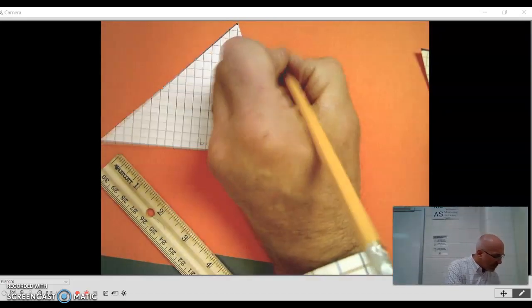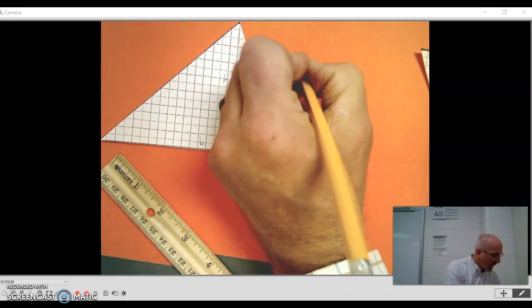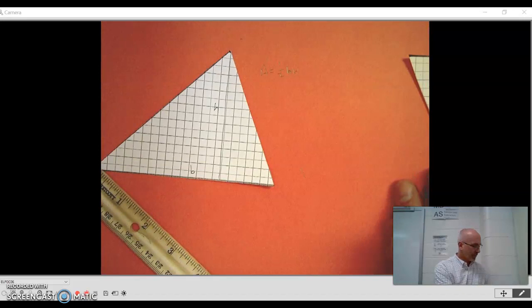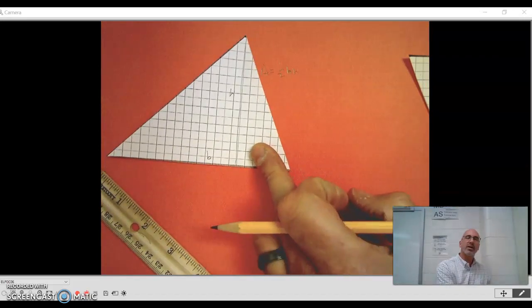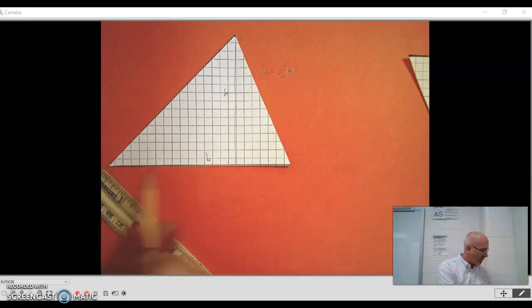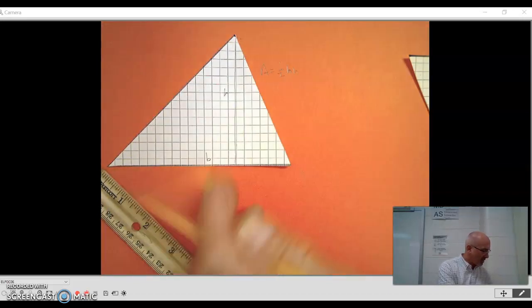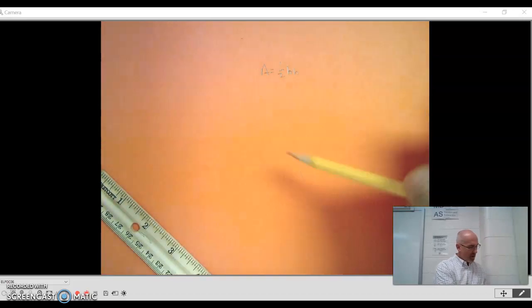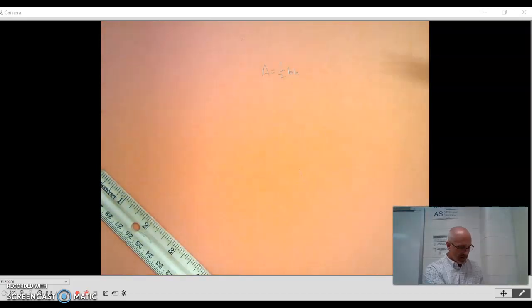The area of a triangle is 1/2 the base times the height. All right, let's look at another shape.